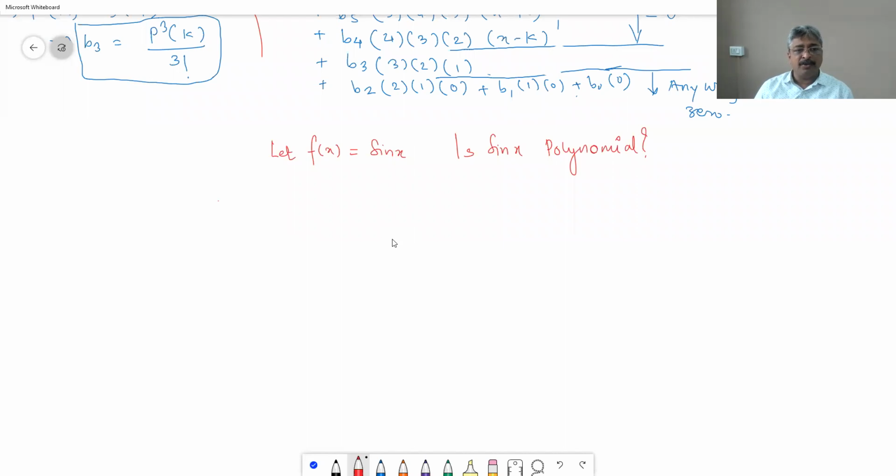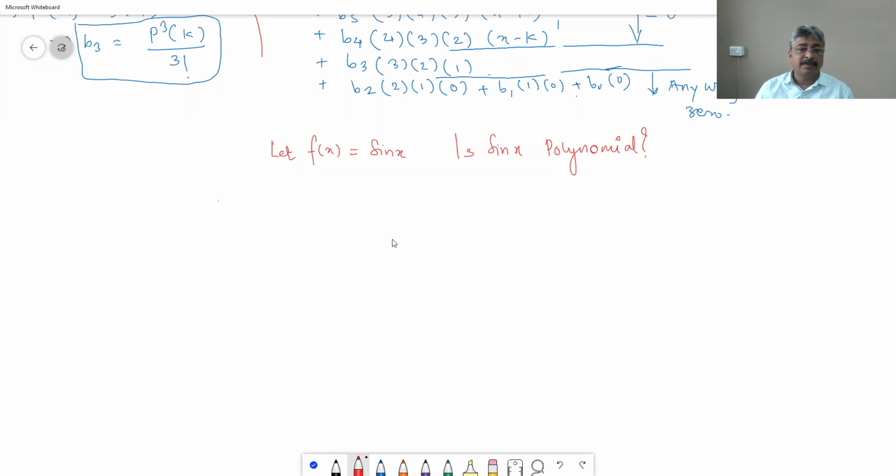It will keep on giving you sin x becomes cos x becomes sin x becomes cos x, with positive, negative here and there. Why should it become 0? That could be another explanation why sin x cannot be a polynomial. So sin x is not a polynomial for more than one reason.